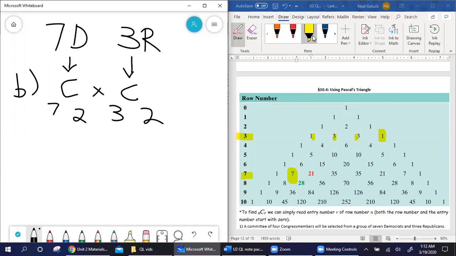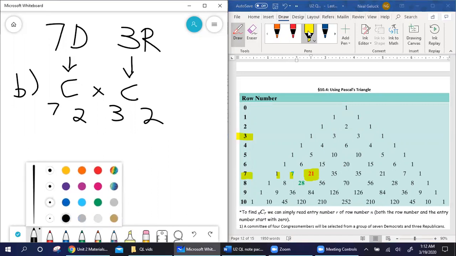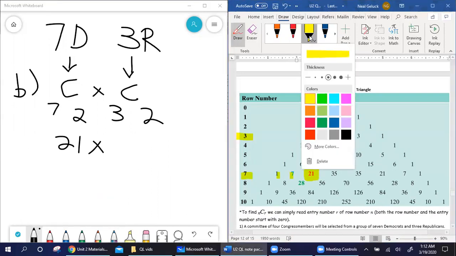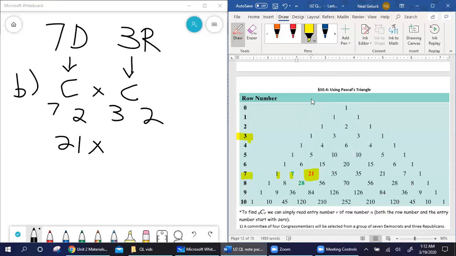So similar to what I did before, if I go to row 7 and count 0, 1, 2, there are 21 ways to do this. Combinations of 3 choose 2, 0, 1, 2. That number's 3, and that's going to give me 63.